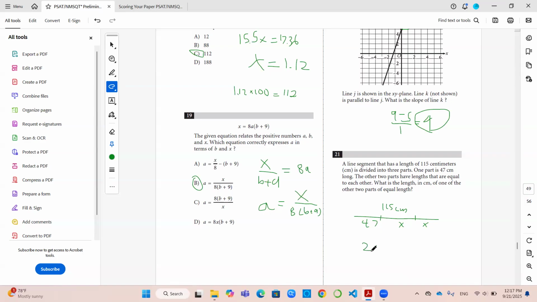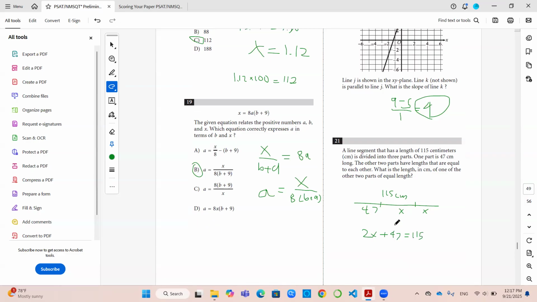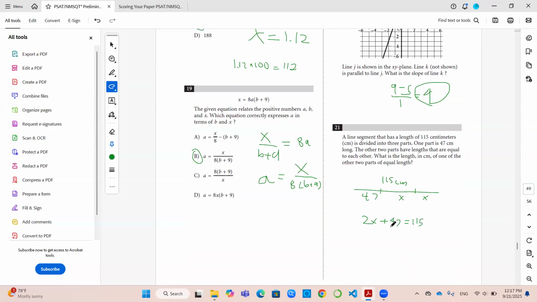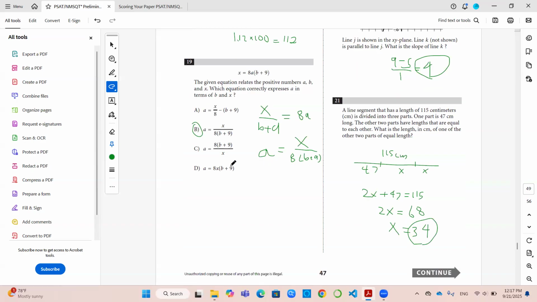So we have 2x plus 47 is equal to 115. If I solve for x, you have 2x is equal to 68, x is equal to 34. So 34 is the correct answer.